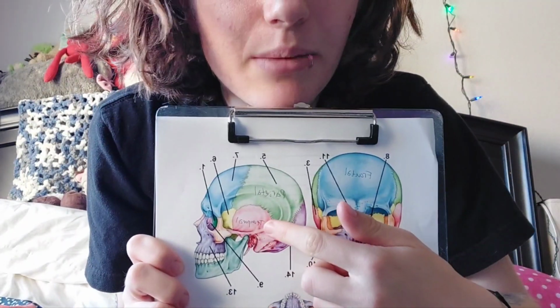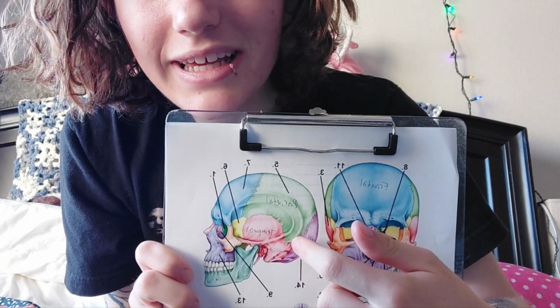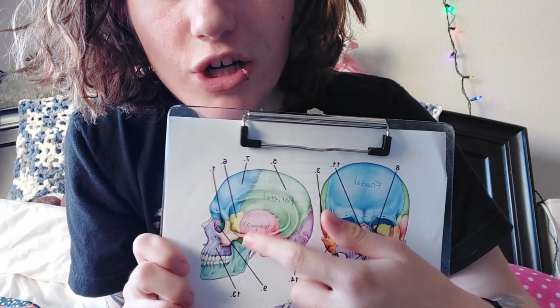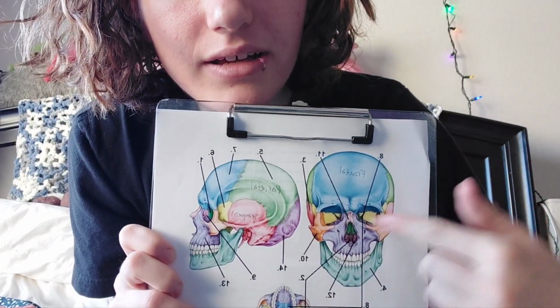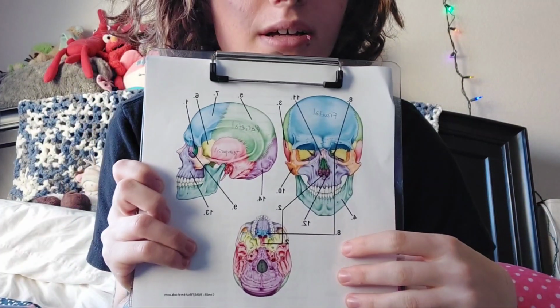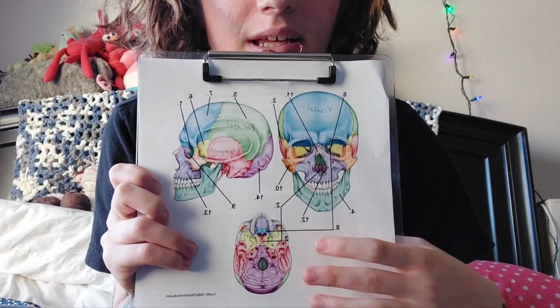It's like where your temple is. So you can see it in red on this diagram. That's sort of on the side.